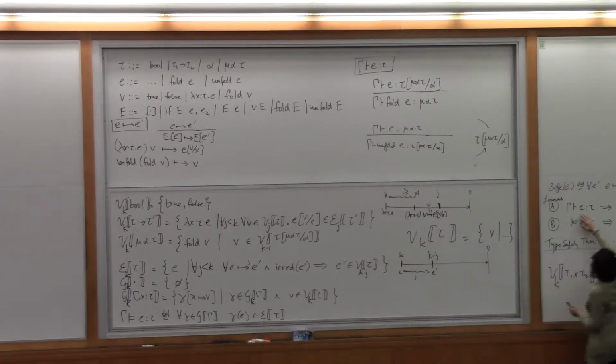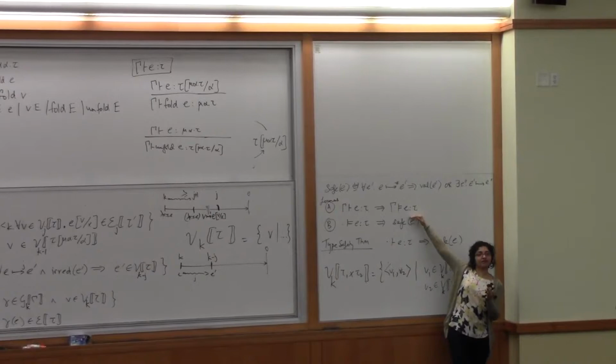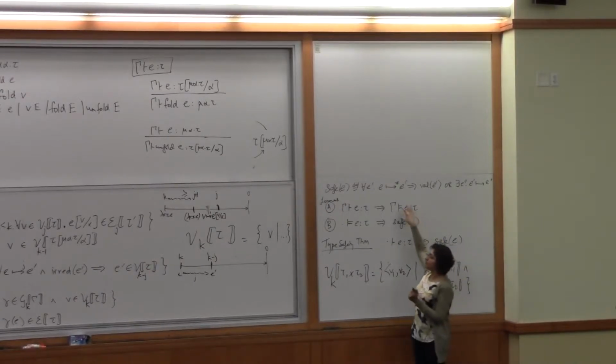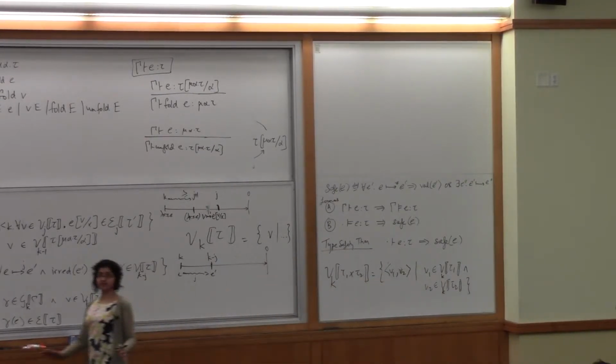Well, because ultimately I'm interested in this theorem which says if something is syntactically well typed, then it's semantically well typed. In other words, it's safe. So semantically well typed should say that for any number of steps k that you might choose to pick, things are good.